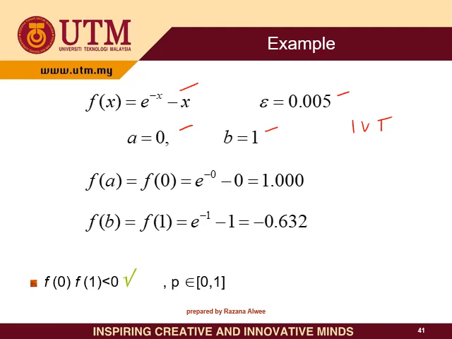You insert your a and b here, so you get your A is positive, your B is negative. Remember, you need to take note of this, and then you need to provide the table. Because one is positive and one is negative, it satisfies the condition. So we have a root, then you can do the calculation to find the root between A and B.